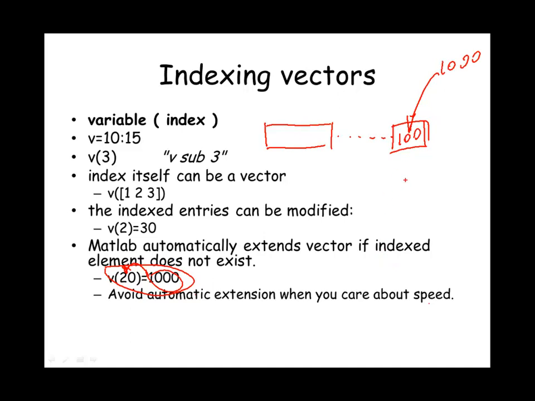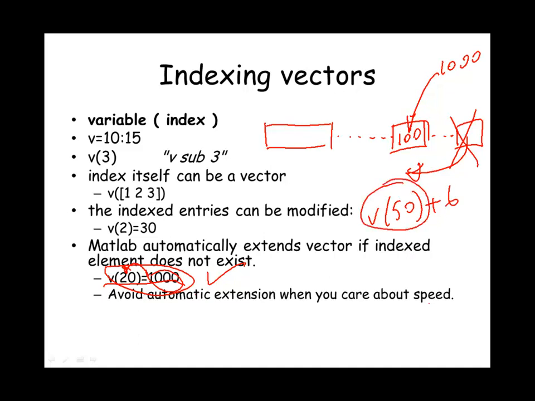But when you are trying to read a non-existent entry, MATLAB will complain and say that that entry does not exist. So whereas I can write V20 equals 1000, that is okay, that is valid, I cannot say V50 plus 6, because I'm trying to access V50, trying to extract its contents, which is not allowed because the 50th box is non-existent.